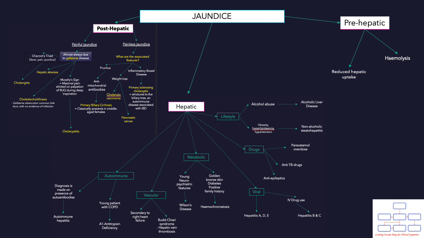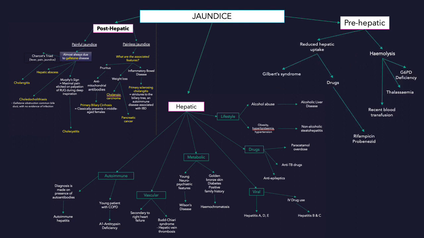As for prehepatic jaundice, the main key principle underlying this type of jaundice to ask yourself would be, is this hemolysis or is this reduced hepatic uptake? Serum lactate dehydrogenase, haptoglobin, and reticulocyte count will be able to reveal whether there's underlying hemolysis.